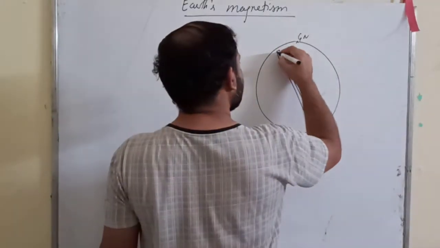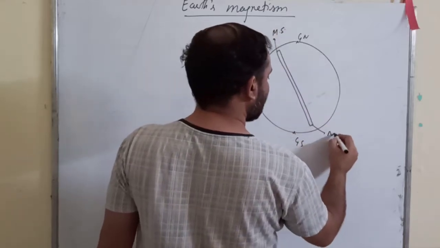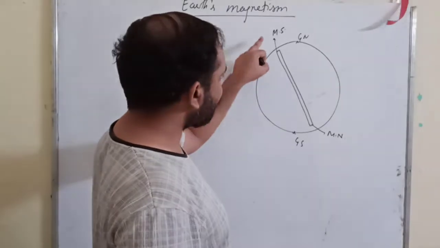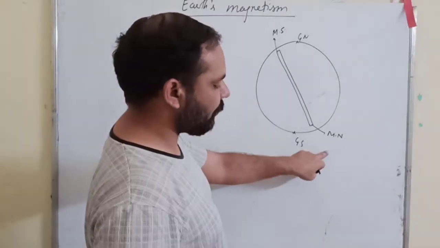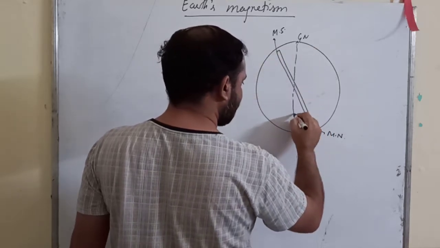This is magnetic south and this is magnetic north. This is the axis of rotation.